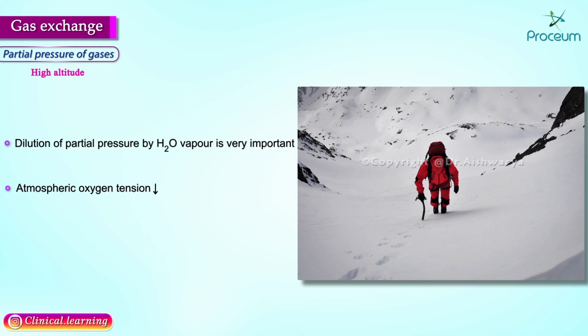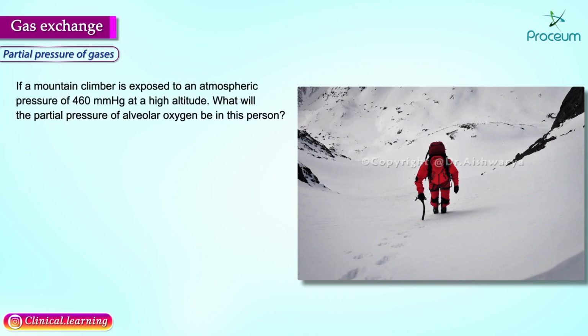For example, if a mountain climber is exposed to an atmospheric pressure of 460 millimeters of mercury at a high altitude, what will be the partial pressure of alveolar oxygen in this person?